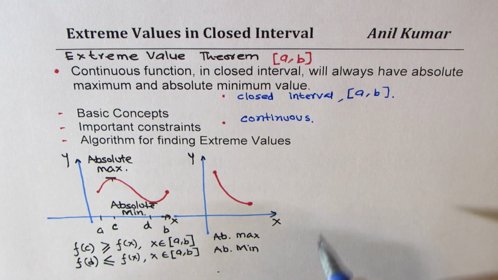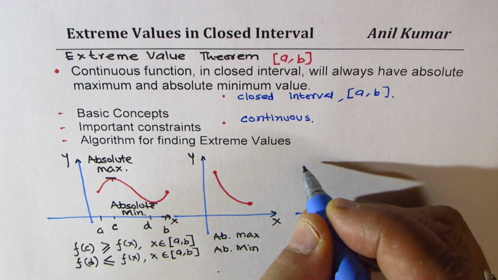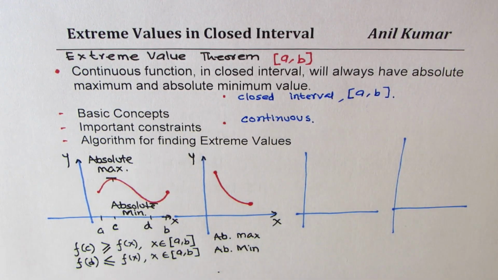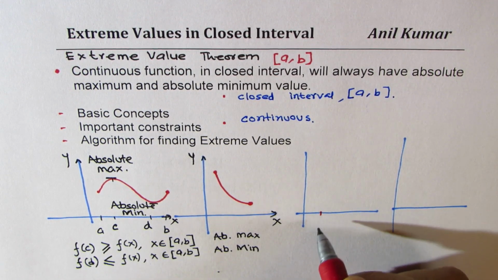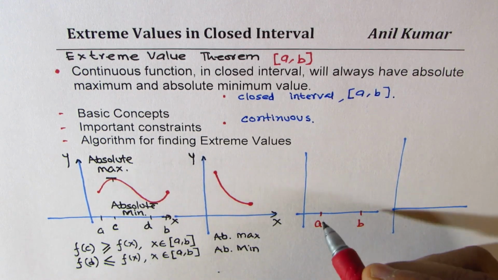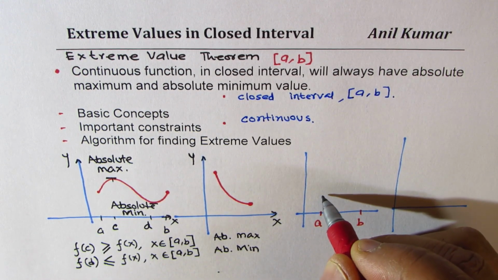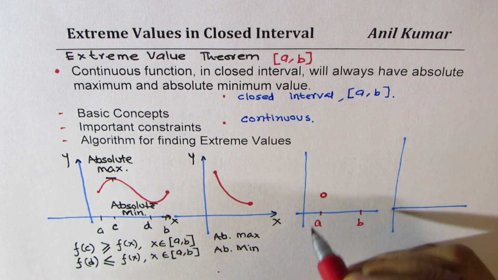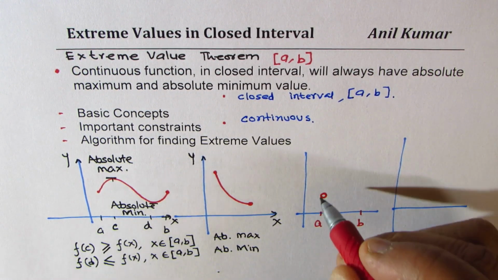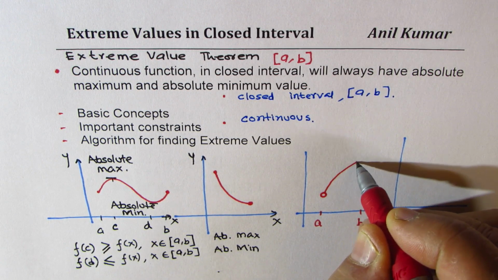To give you an example, let's take an example where we can violate these conditions and we can see that the function may not have a maximum or a minimum. For example, let's consider the interval between A and B. And if it is not a closed interval, let us say this is open interval, so the point at A is not included, and we have something like this.